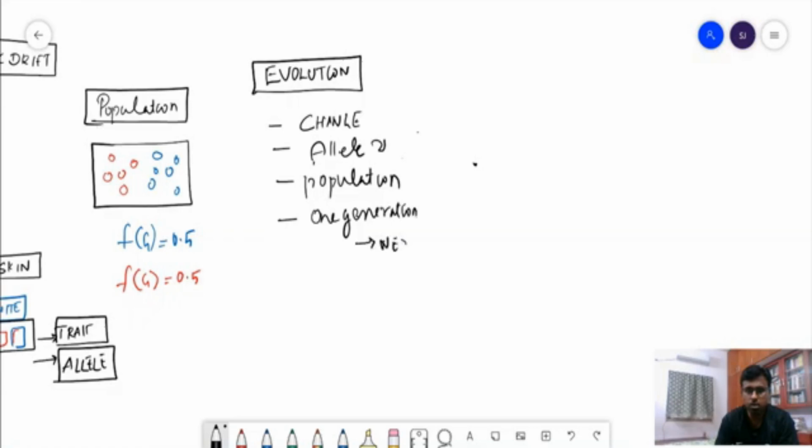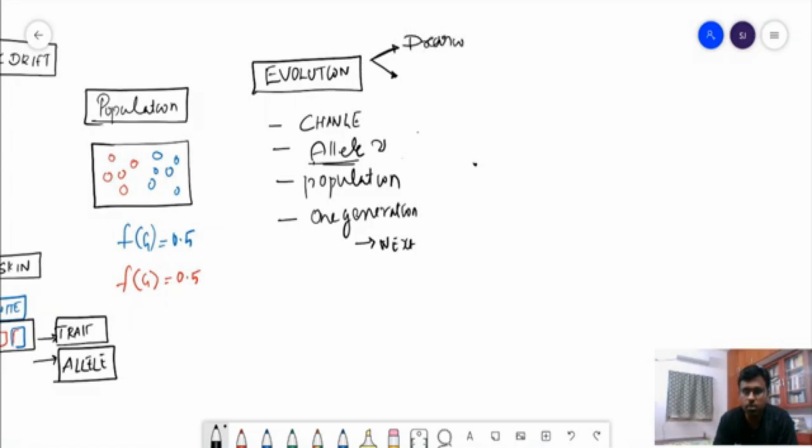You have to have a change in frequency of alleles in order to have evolution. And how does this happen? How do you change the allele frequency? There are many ways.